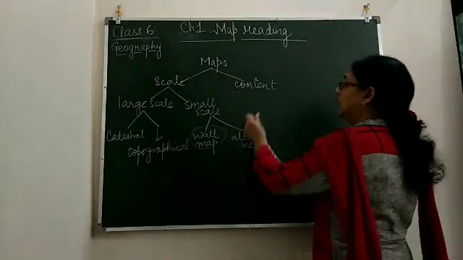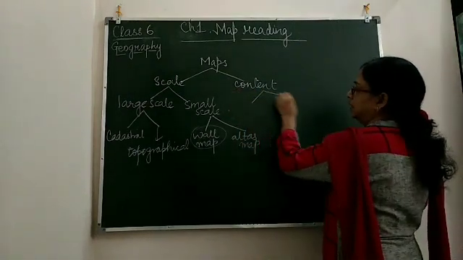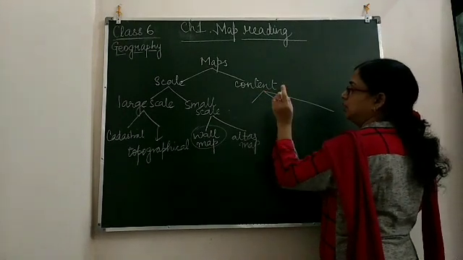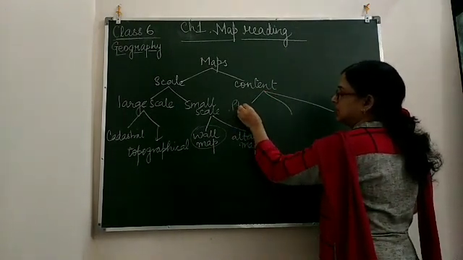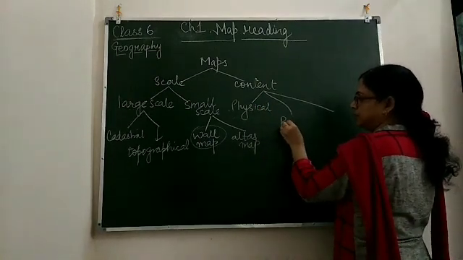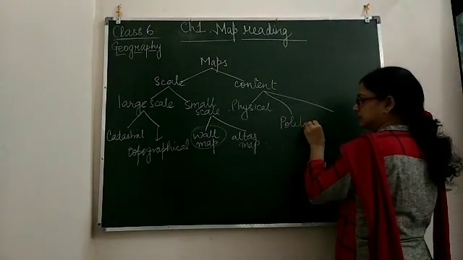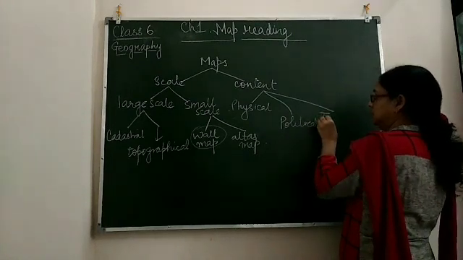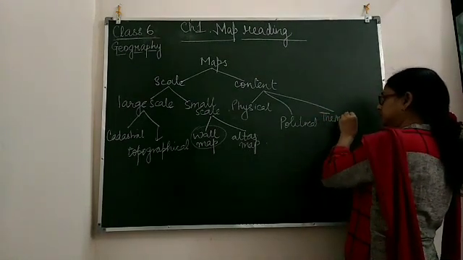Next we come to content. On the basis of content, maps are divided into three: the physical map, the political map, and the thematic map.